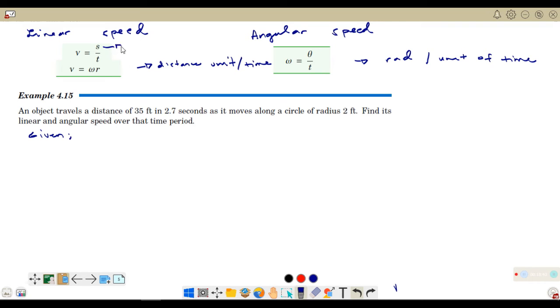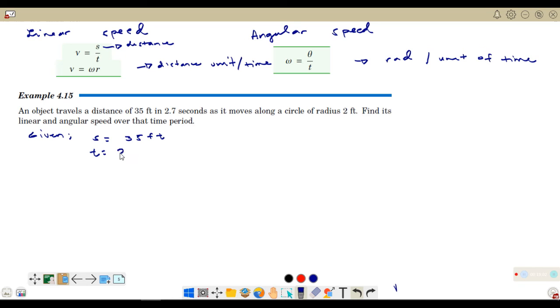So distance is S. So this is the distance. Meron tayong S which is 35 feet. Next we have a time elapsed.